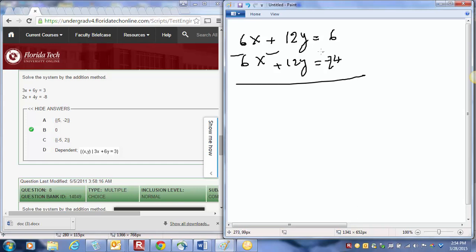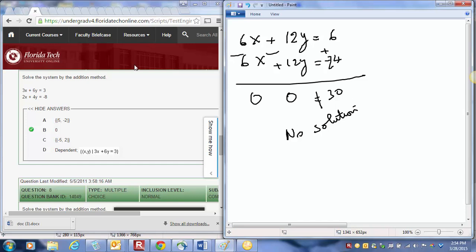Let's subtract. 6x minus 6x is 0. 12y minus 12y is 0. 6 minus negative 24 would be 6 plus 24, and that would be 30. So here we have 0 does not equal 30. That means the two lines are parallel and there is no solution.